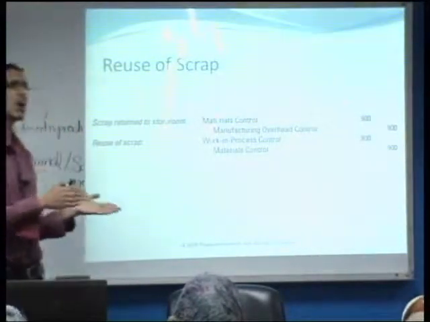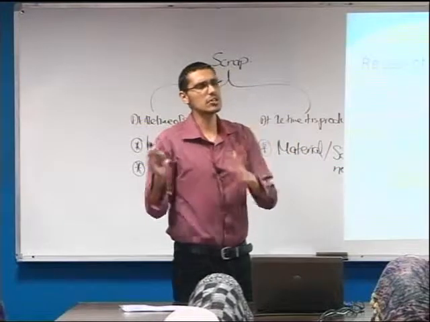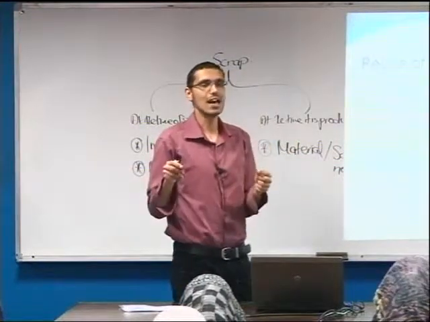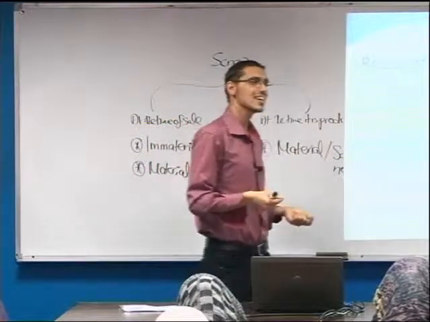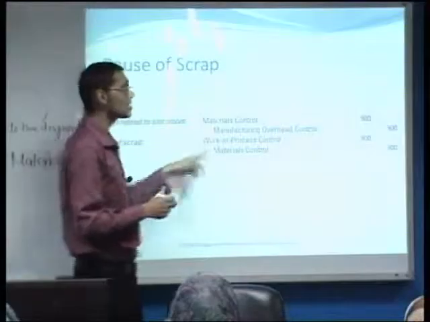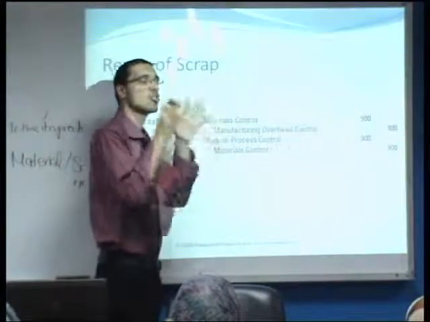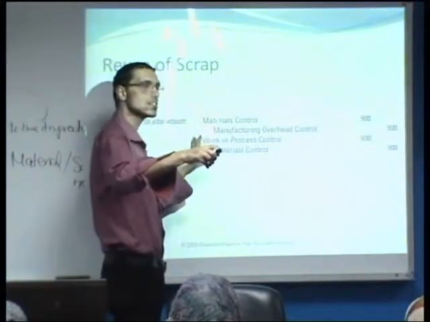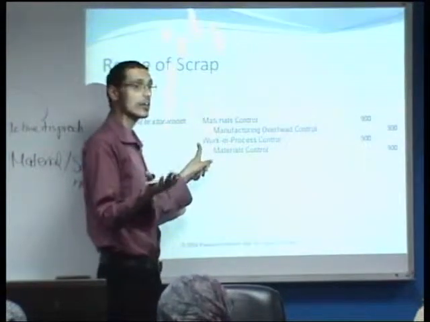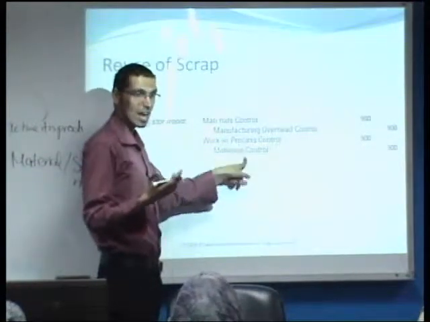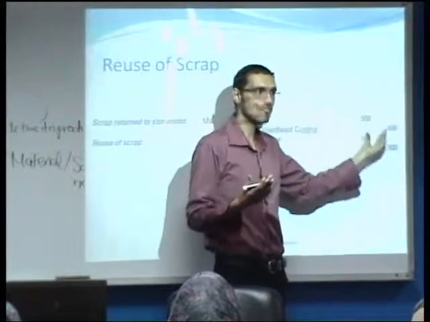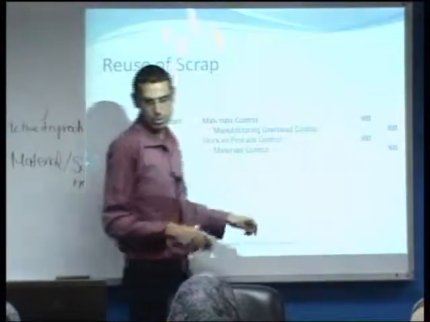Now, when we use this scrap in a particular manufacturing setting, the work in process, or the job that will use this scrap in its manufacturing process, will be debited by the use of this scrap, of course using the net realizable value, not the cost.